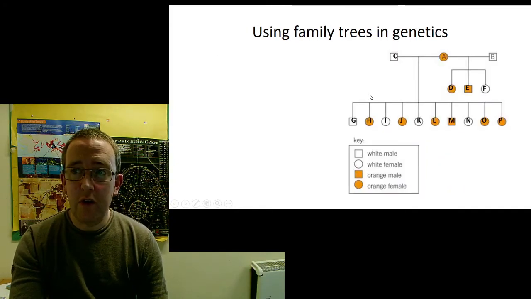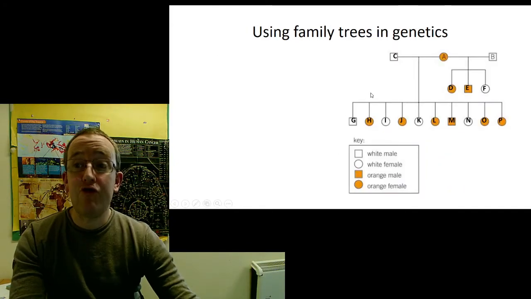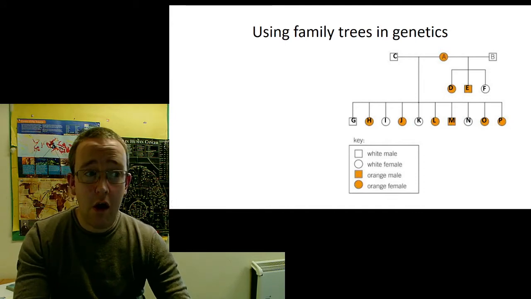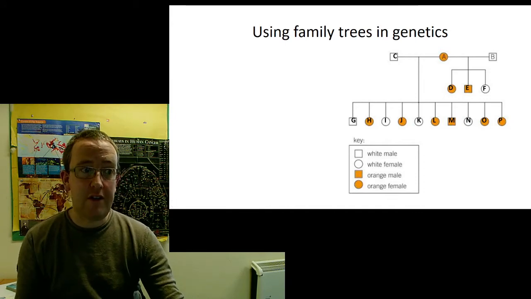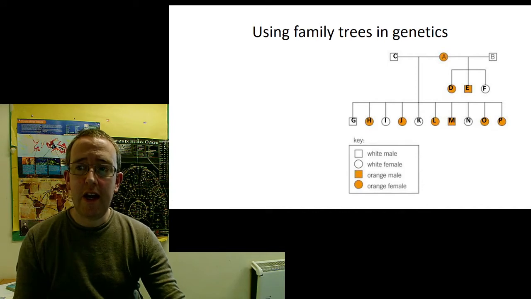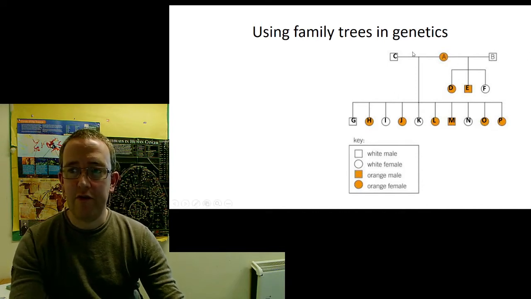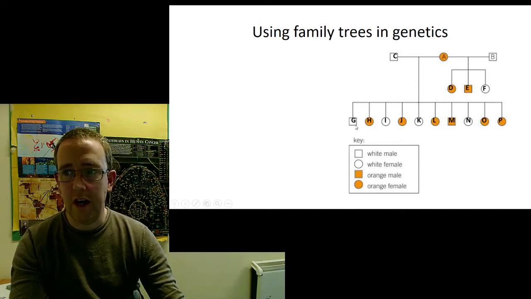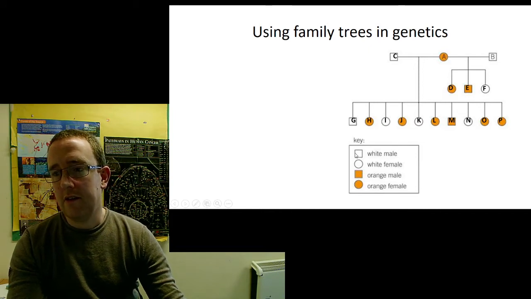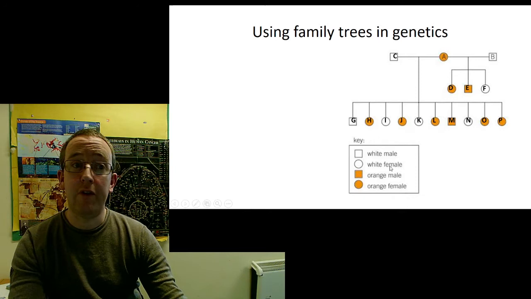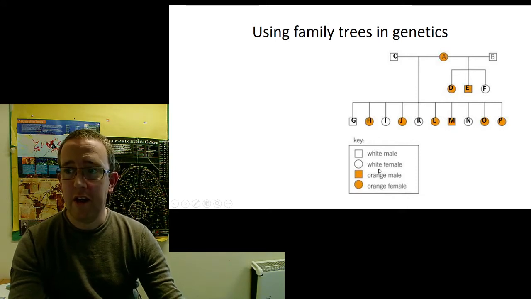Moving on then. If you get family trees, this is possibly the hardest way you could be asked a genetics question. So here's an initial family tree, and this one's about tigers. In this instance, this square means male, and the circle means female. That's standard family tree nomenclature.